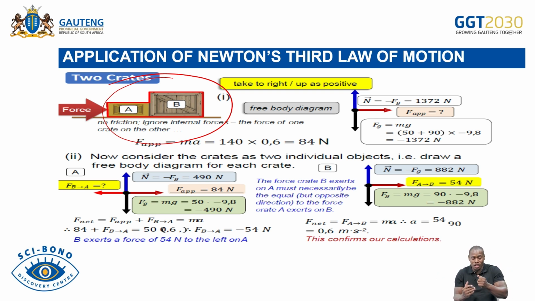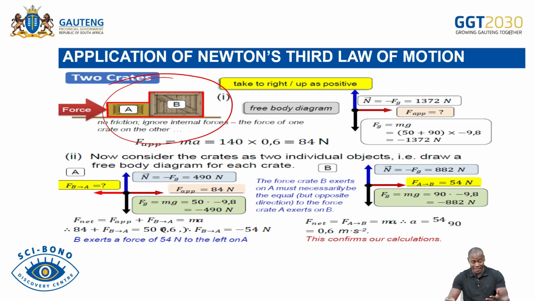So the action force will be the force exerted by A on B, and the reaction force would be the force exerted by B on A. And what I was focusing on there is only the forces exerted by objects that are in contact. A on B, B on A. That is an action-reaction pair of forces.